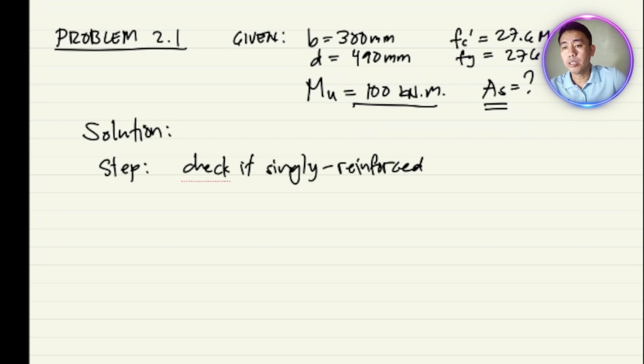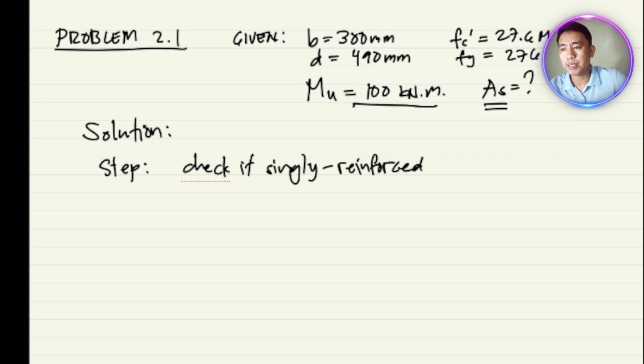Although we are still on the topic of singly reinforced, most probably the result of this calculation should be singly reinforced. But when we reach the topic of doubly reinforced, we need to check the section first if it is for singly reinforced or doubly reinforced.